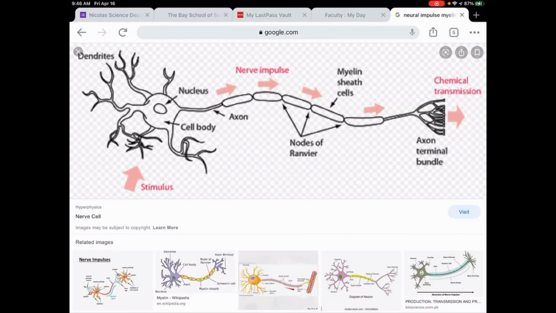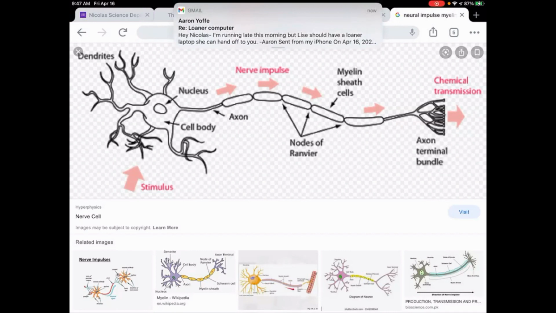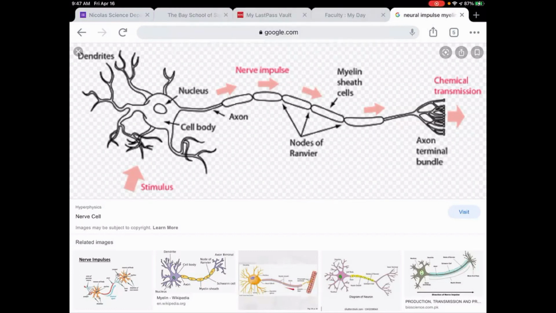And you see the myelin sheath is that coating that surrounds the wire. Now, if the wire was not coated, it would be the same thing as if you had two metal wires touching. If two metal wires were to touch, then you would have a circuit, and the electricity would go through all the different wires that touch.